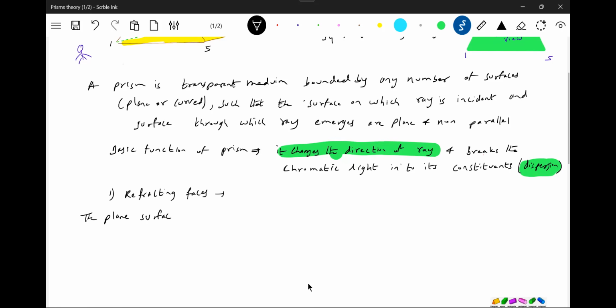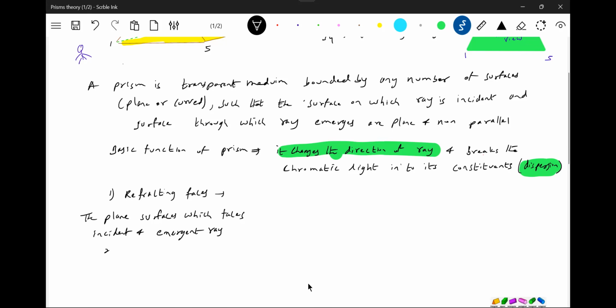The plane surfaces which face incident and emergent rays. So these are refracting faces.